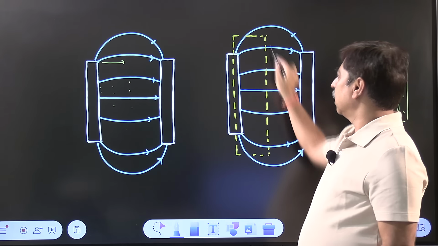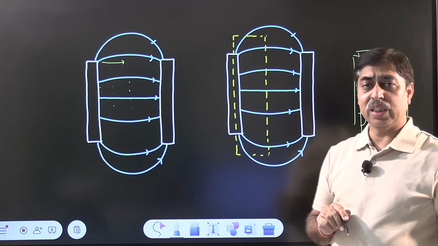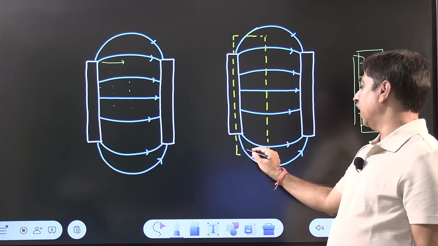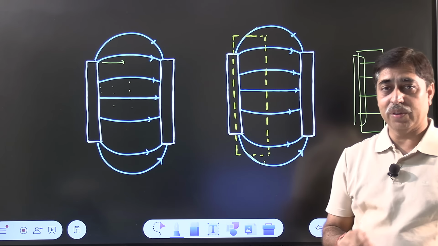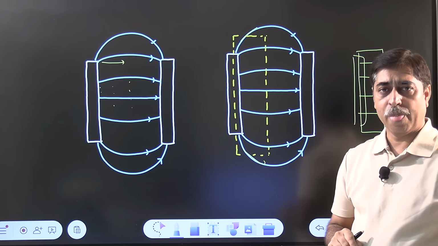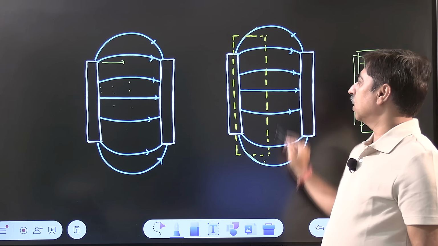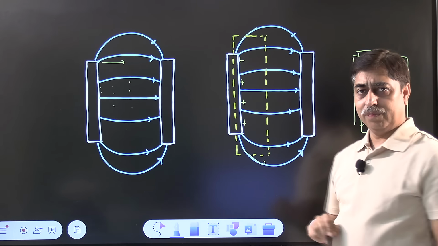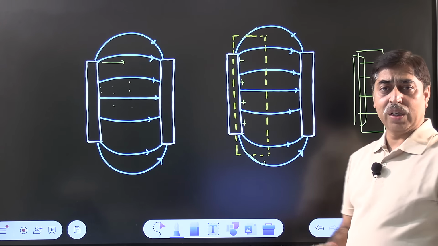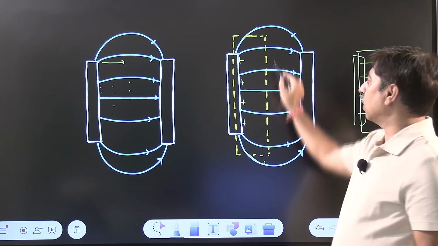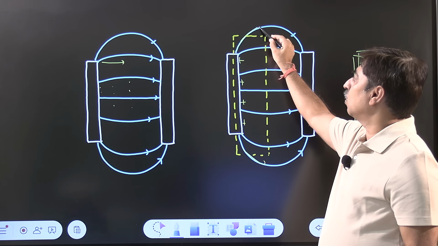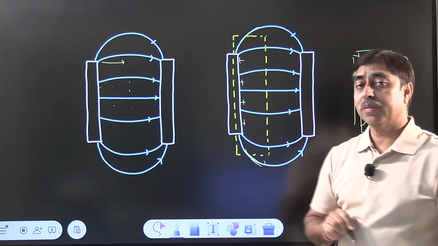If you take a Gaussian surface like this, you can easily see that some field lines will definitely pierce through this surface, some field lines will definitely pierce through this surface. So, actually, the total flux through this Gaussian surface is no doubt Q by epsilon naught. But that total flux is not the flux crossing through this surface. Can you see that? Some field lines are also passing through this surface.